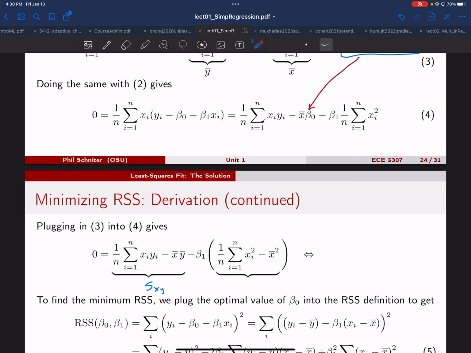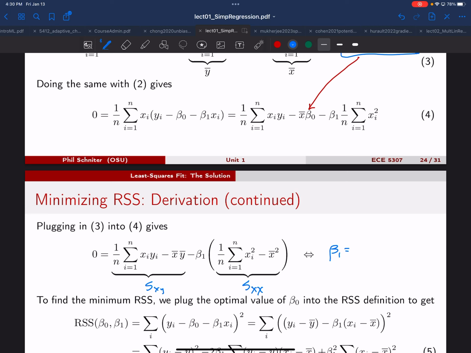Okay, similarly, we have this, right? This guy was Sx squared plus x bar squared. So now we remove the x bar squared, and we have just Sx squared, or we can call it Sxx, same thing. And so now you can see we have that expression for beta 1.